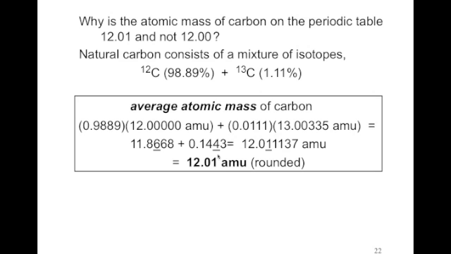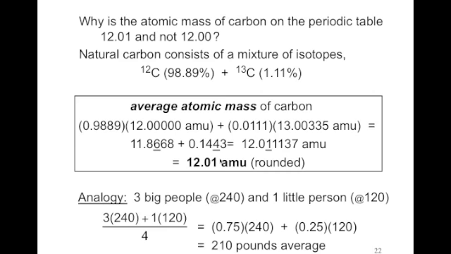So this is called a mass-weighted average, and it's analogous to this calculation, which you might be a little more familiar with. Say you had 4 people. 3 of them were big at 240 pounds, and 1 was small at 120 pounds, and you wanted to ask the question: what's the average weight of an individual in this set of 4 people?